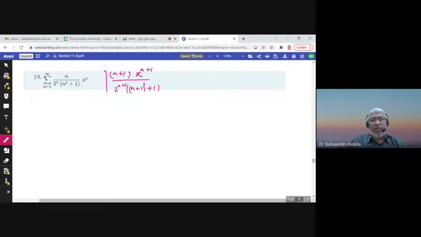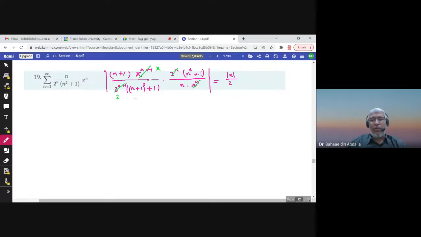You just replace n by n plus 1 as usual, and you multiply by the reciprocal of an. And then you search for cancellations. Now we will have absolute value of x over 2.